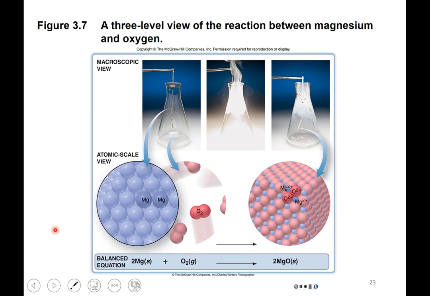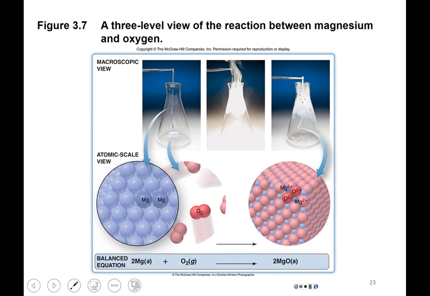Right? So magnesium's a metal, oxygen's a gas, and they form an ionic compound, an ionic solid, magnesium oxide, right? And the ratio would be 2 magnesium atoms plus 1 molecule of O2, and that would give you 2 what we would call formula units, because it's an ionic compound.